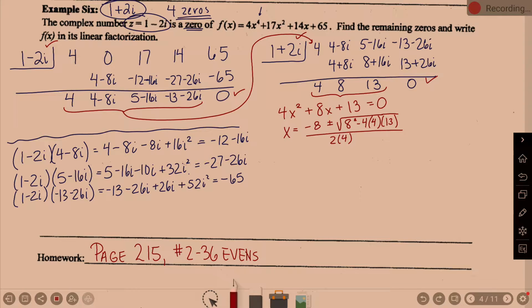I didn't say the numbers I filled in, but I said the formula. So negative 8 plus or minus the square root of 64 minus 16 times 13. It's going to be some negative value, right? So 64 minus that 4 times 4 times 13. I have written down that it's negative 144, all over 8.